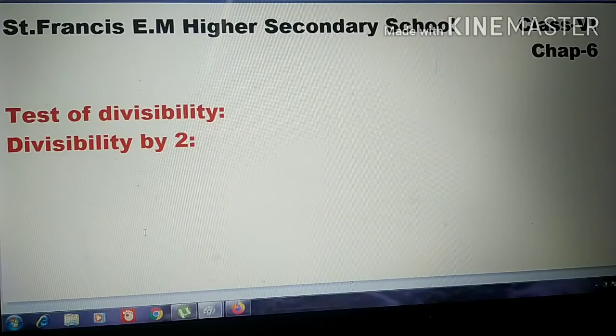So now test of divisibility. Divisibility by 2. First we will see this one. What we have learned, every multiple of 2 is exactly divisible by 2.